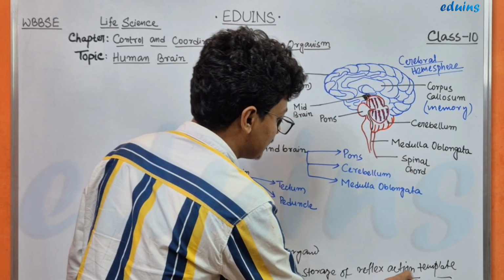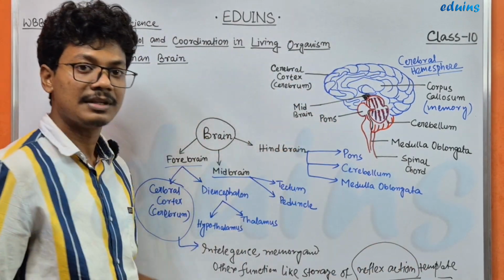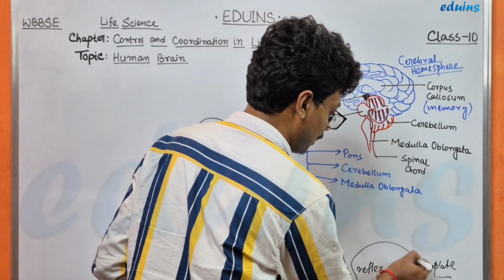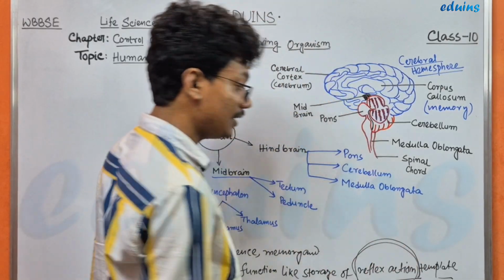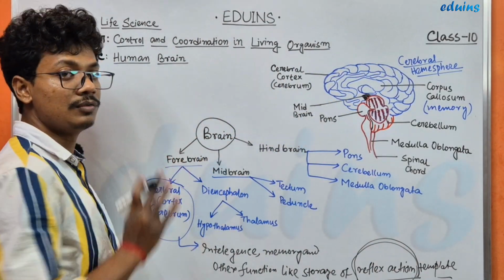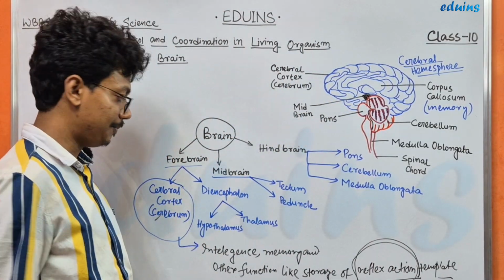We know that reflex action is actually regulated by the spinal cord, but the memory of this reflex action is stored in the forebrain, in cerebrum.